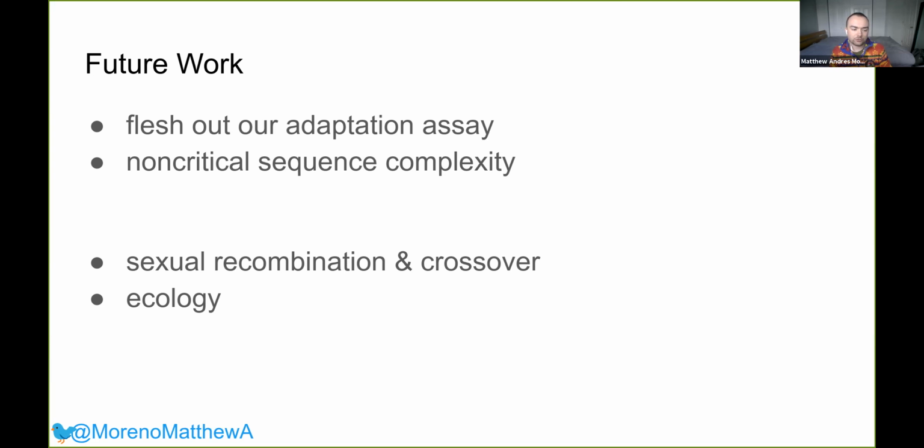We're also interested in potentially building in systems that promote long-term coexistence and seeing if that relates to adaptation and complexity. So I think that's something we're really excited to explore.